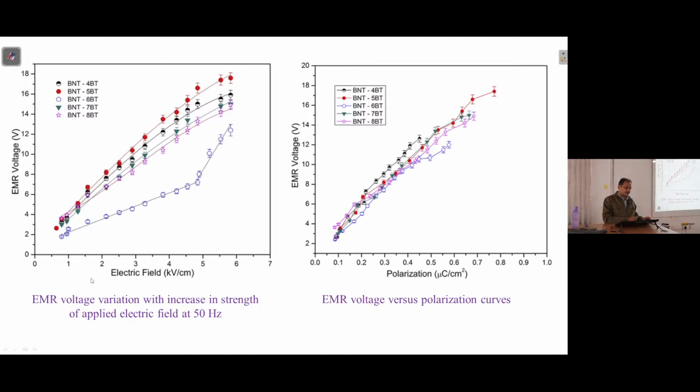As the applied electric field strength is increasing, an increasing pattern can be observed, right? And again this lower graph is meant for this BNT 6BT, again the same composition I was mentioning.